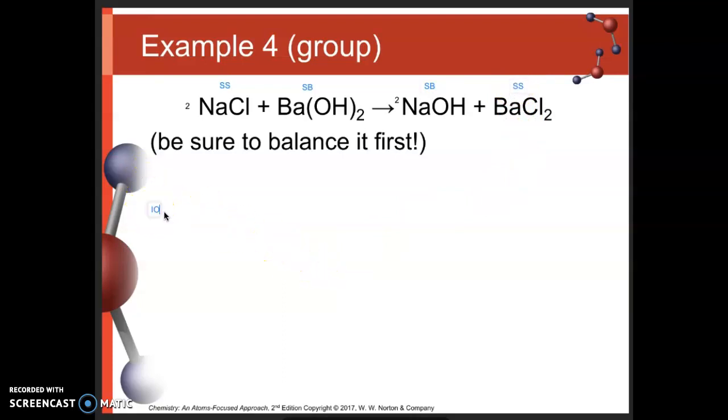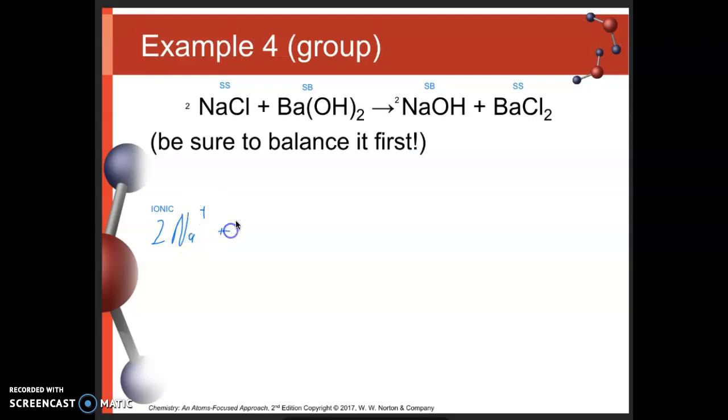So for my ionic equation, and keep in mind, coefficients carry over both ions. Subscripts carry over only the ion to the element that it's attached to. So my ionic equation, I've got 2 sodium ions.